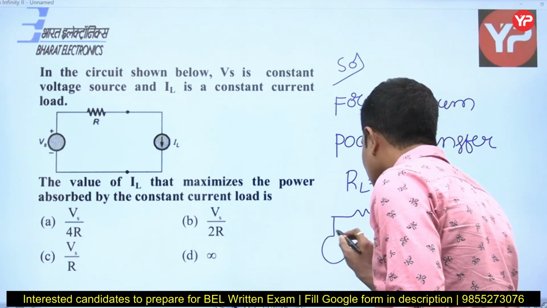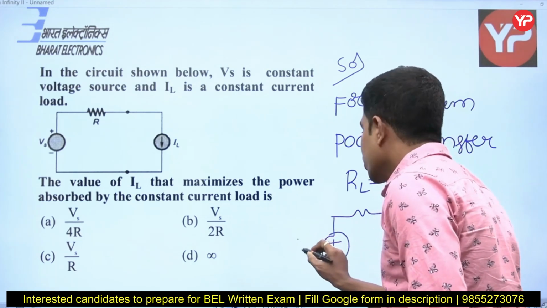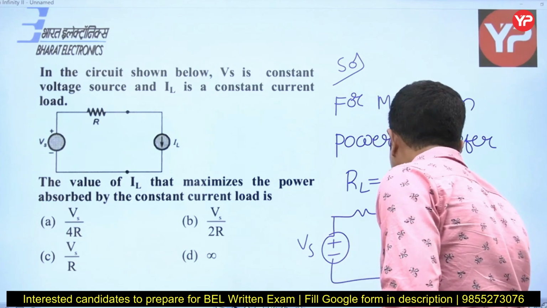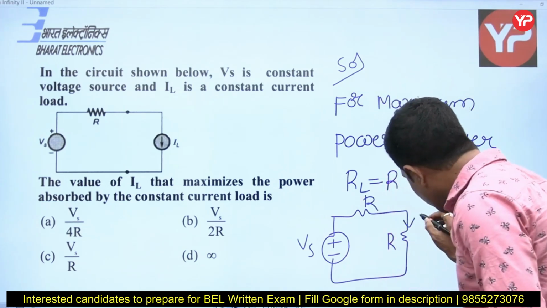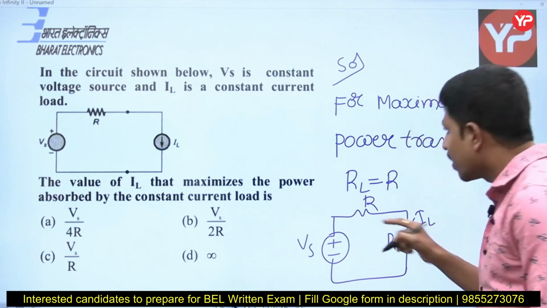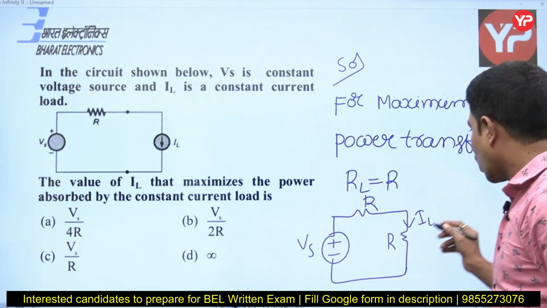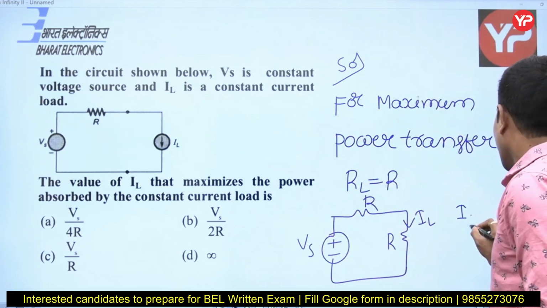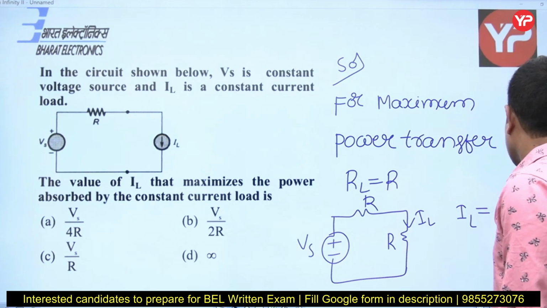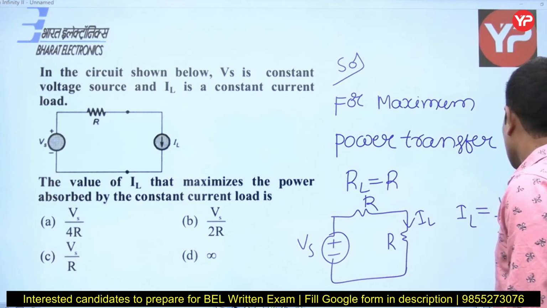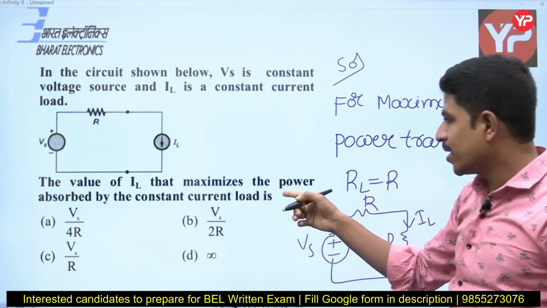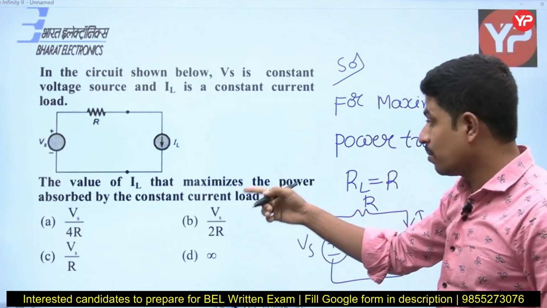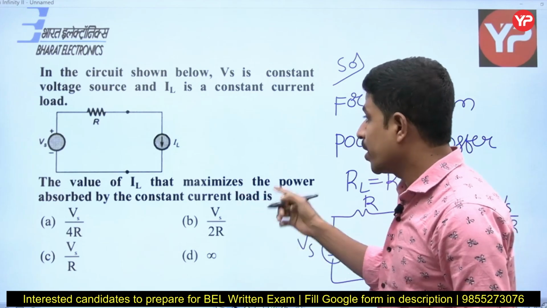This voltage is how much? Vs, and this is R, this is also R, and current through this one is IL. Yes, current is same. Now what is IL? IL is equal to Vs by 2R. The value of IL that maximizes the power absorbed by the constant current load is.